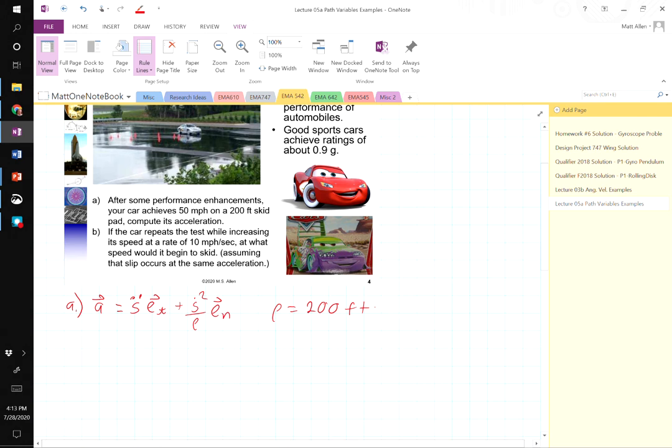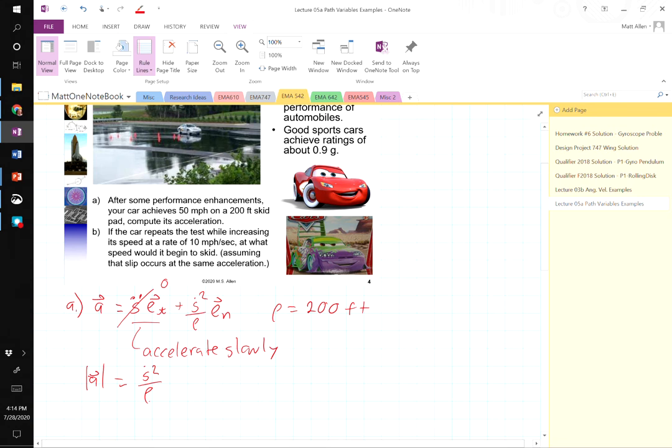And if you're trying to get the best possible acceleration, you want to minimize this term, so we'll want to accelerate slowly. So this term is going to be 0. So the magnitude of our acceleration will just be s dot squared over rho.